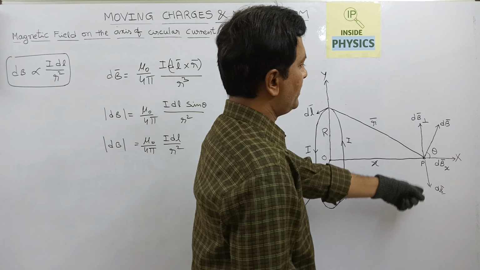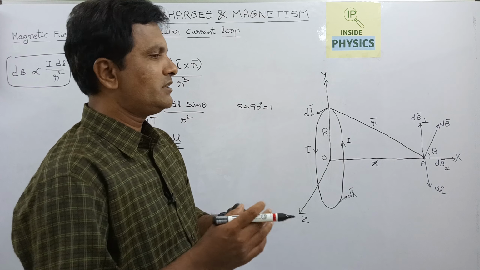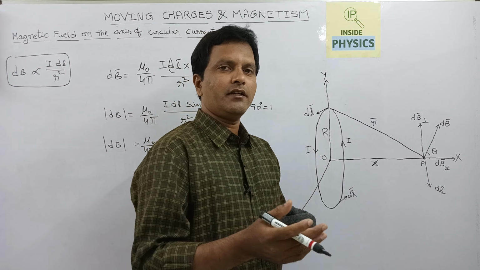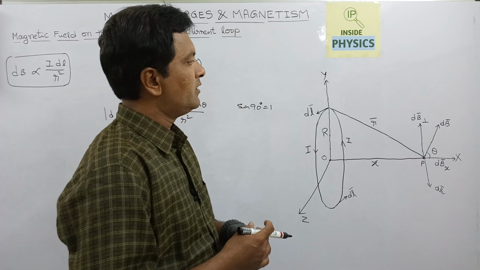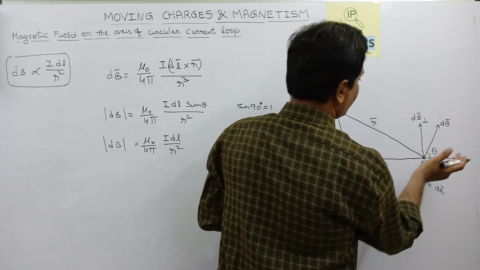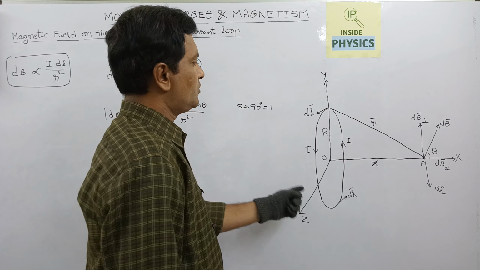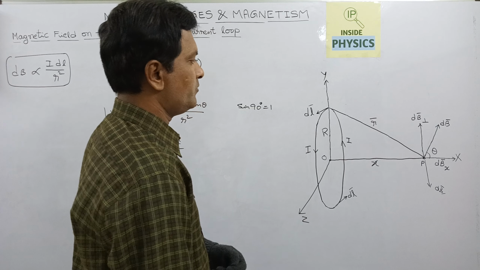All the perpendicular components will be cancelled, as they are cancelling each other with their opposite counterpart. So only the component along the x-axis will be the resultant magnetic field developed due to this entire current loop.